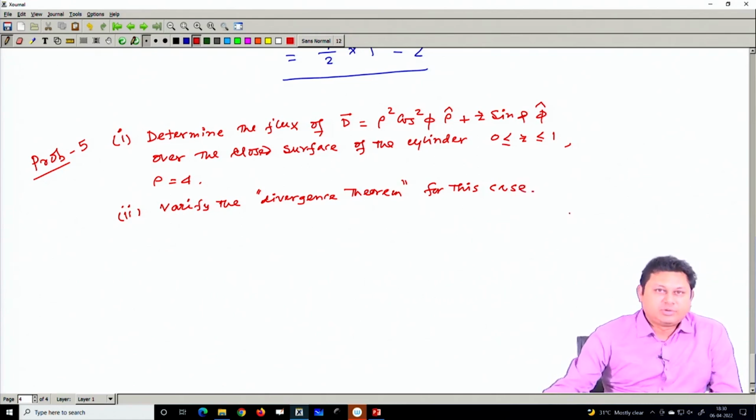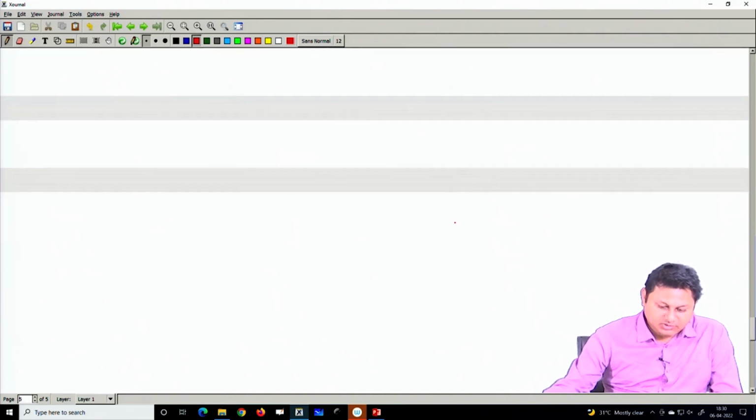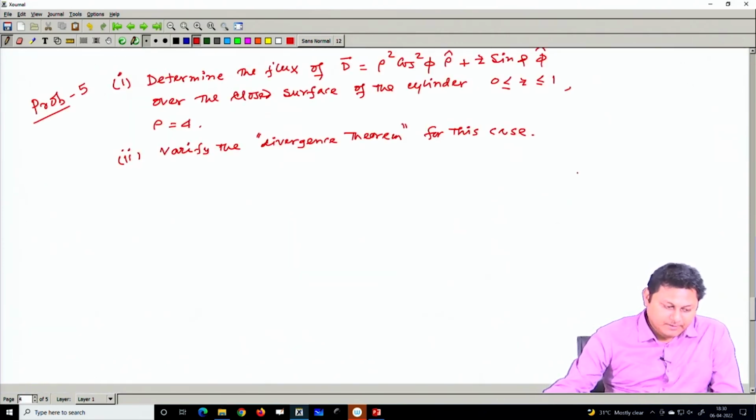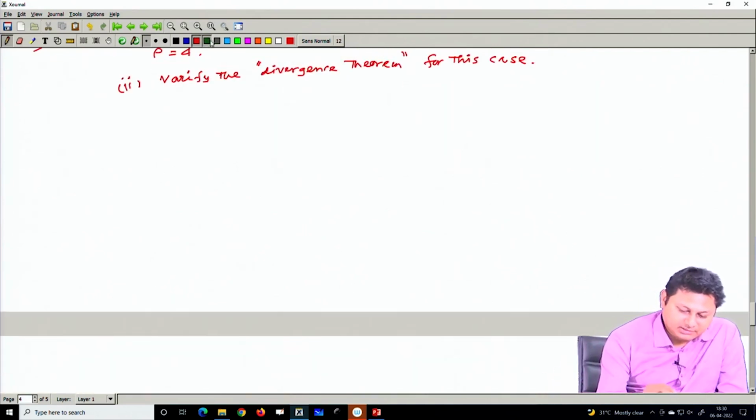That part is interesting because we need to verify everything. So, first we want to find out what kind of surface it is.